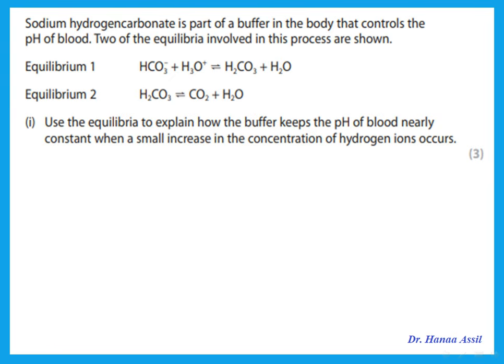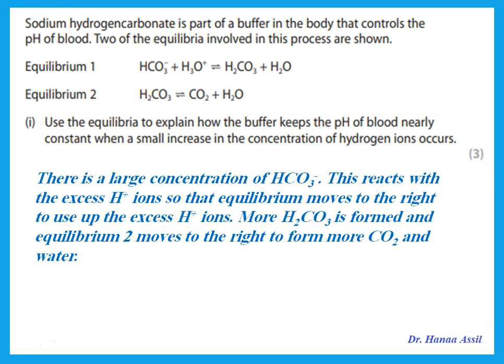So, for example, here it says sodium hydrogen carbonate is part of a buffer in the body that controls the pH of blood. Two of the equilibria involved in this process are shown. Use the equilibria to explain how the buffer keeps the pH of the blood nearly constant when a small increase in concentration of hydrogen ions occurs.